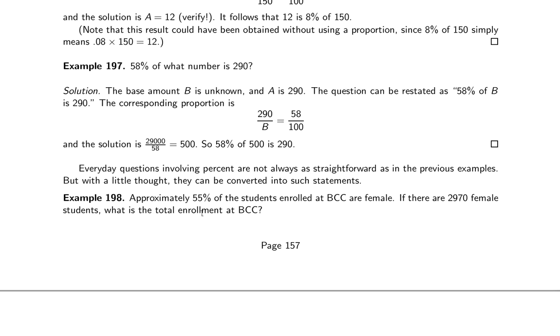Let's look at this example. Approximately 55% of the students enrolled at BCC are female. If there are 2,970 female students, what's the total enrollment at BCC? Can you translate this into A is P% of B?